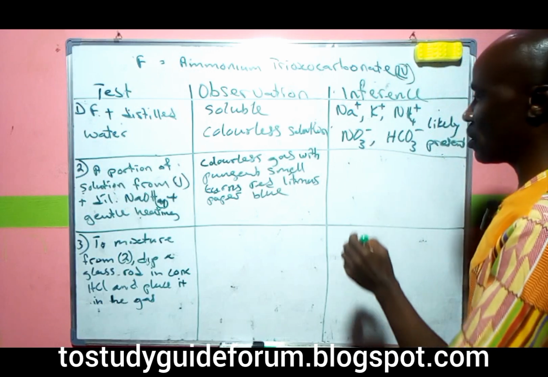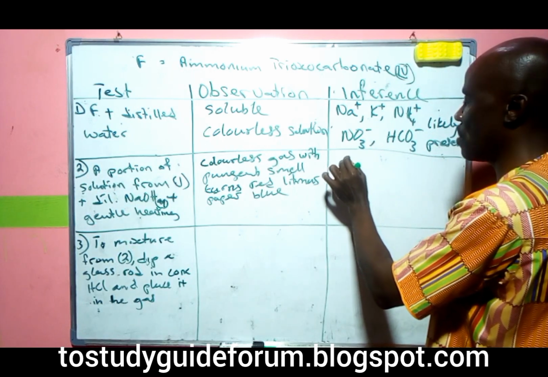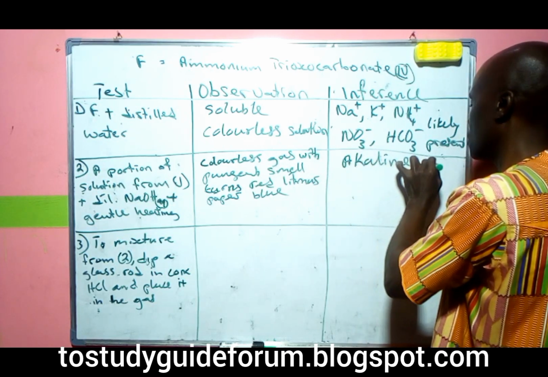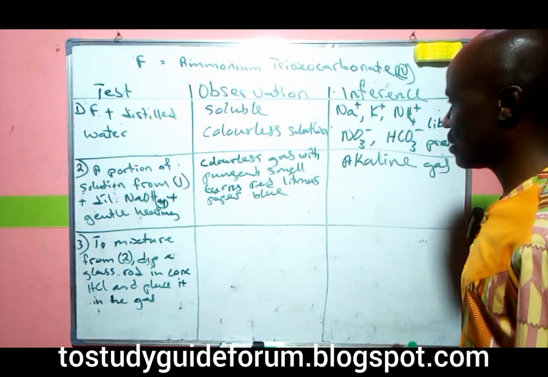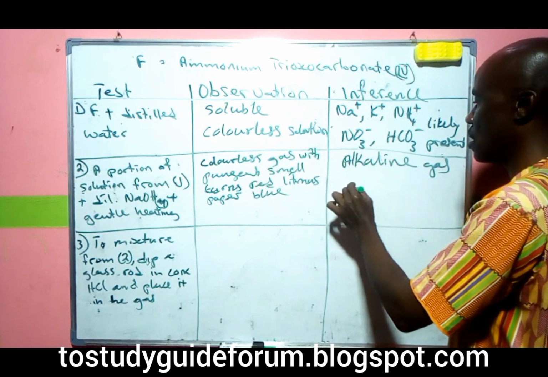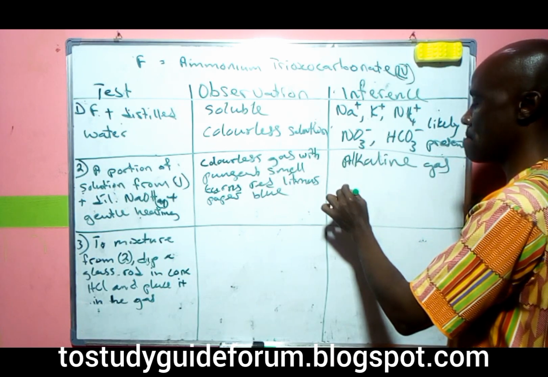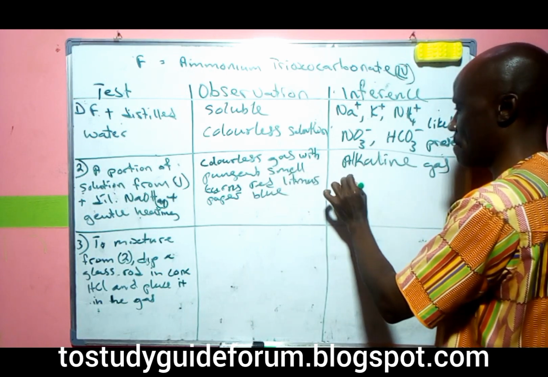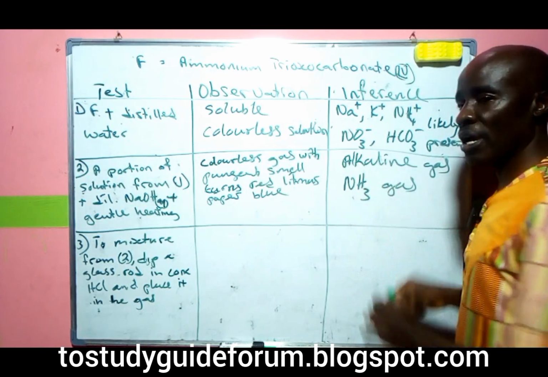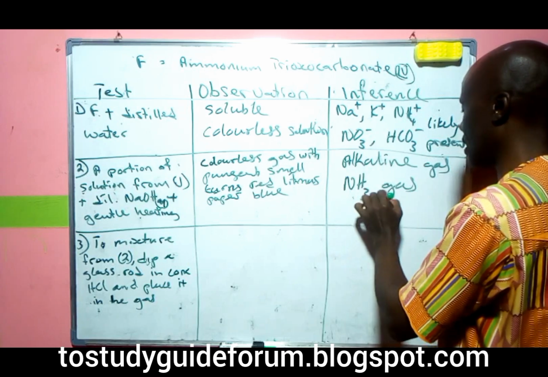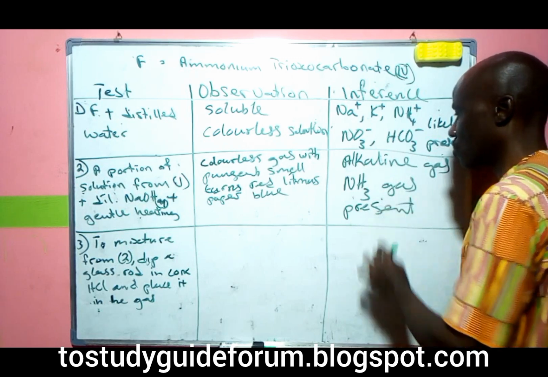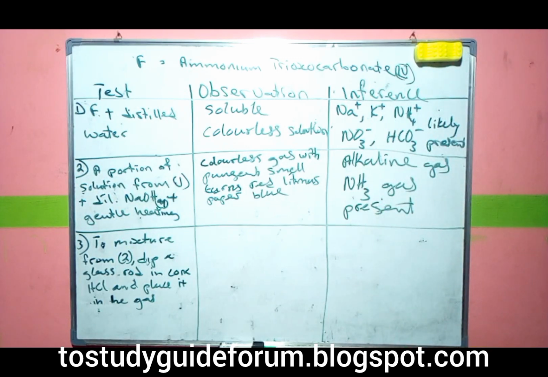So what is telling us here is that the gas that's coming out is alkaline. If it's an alkaline gas, it means it's likely to be ammonia gas coming out, because ammonia gas is known to be the only alkaline gas likely present. That's what we have present there.